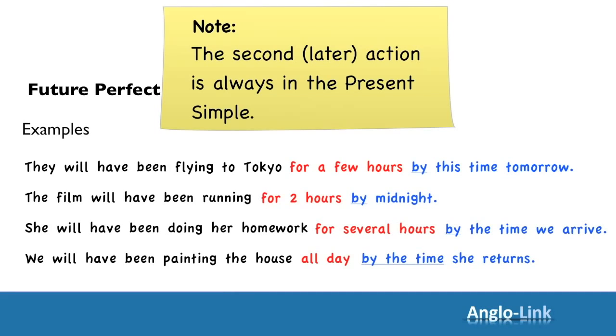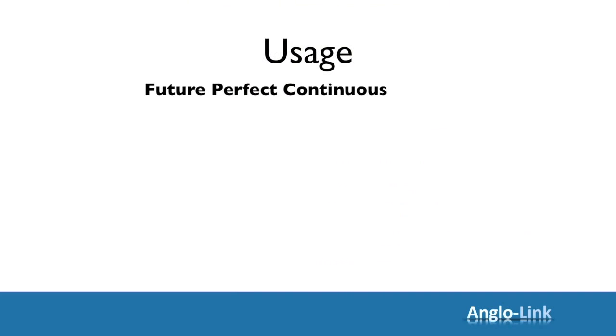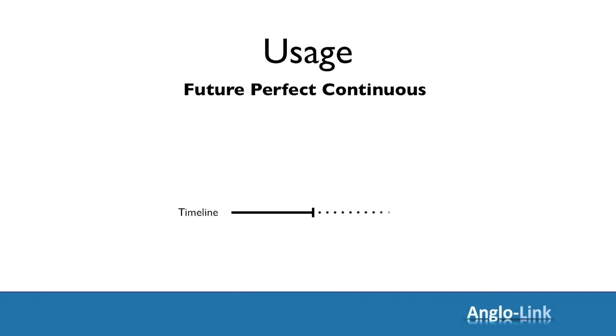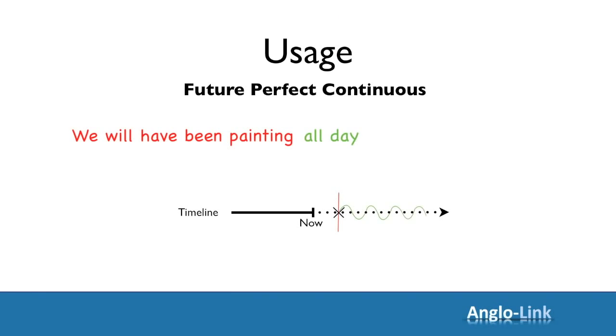By the time we arrive and by the time she returns. Let's have a look at the timeline for this tense. We will have been painting all day by the time she returns.